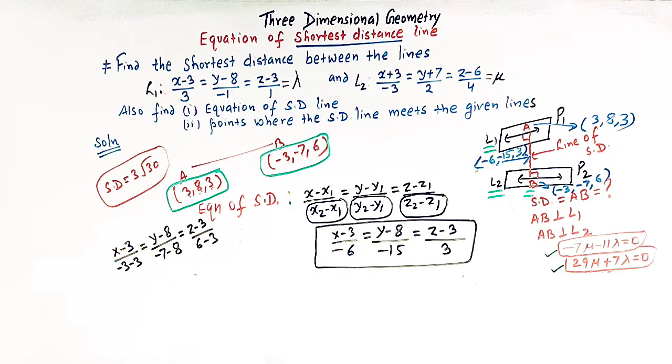So this is all about this problem. So this is how, by making use of the concept of a general point lying on a line, we can solve this problem related to shortest distance.